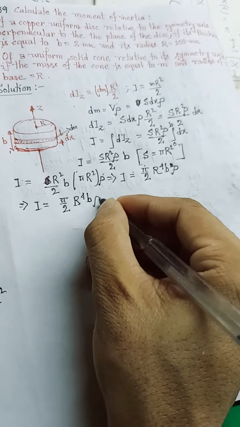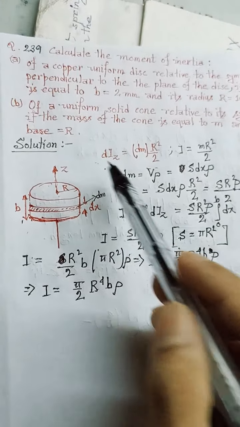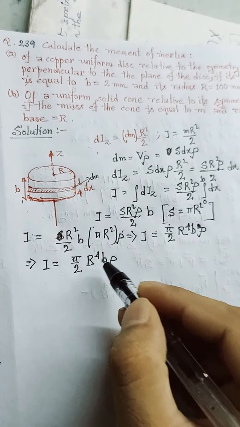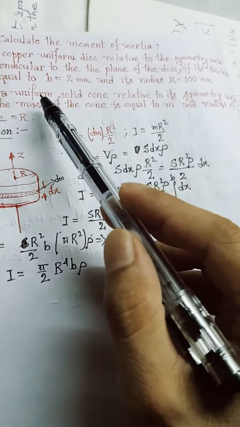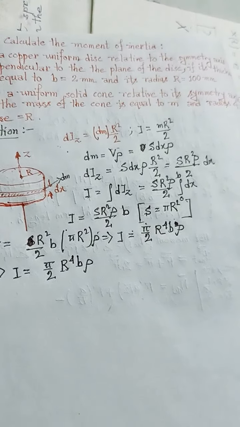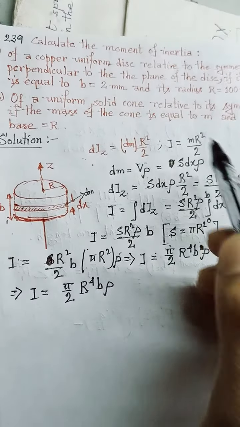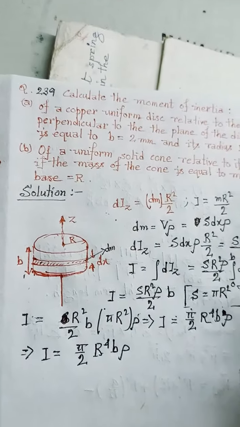Now in our given question, it is given that r equal to 100 mm and b equal to 2 mm, and the density of copper is also given.